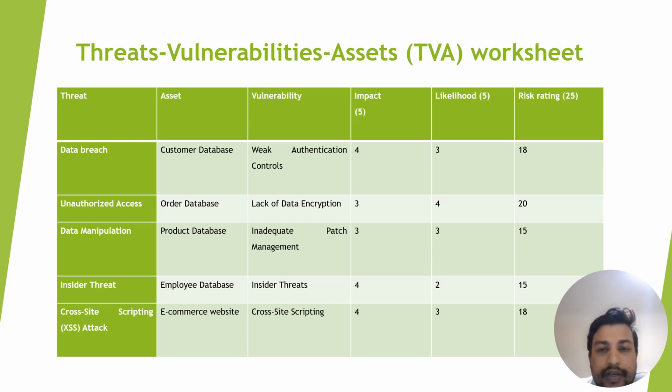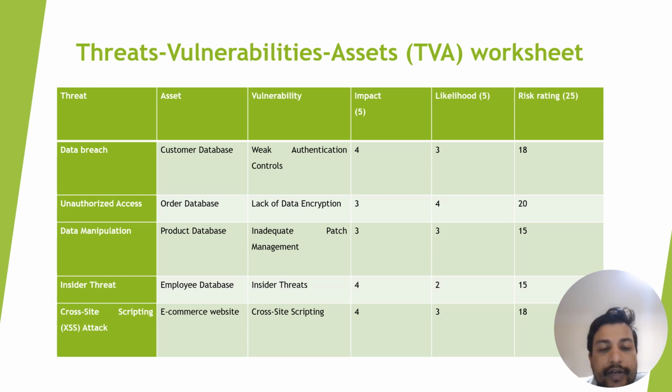So you can see the impact of data breaches is 4 and unauthorized access is 3, while the likelihood is the opposite. For data breaches, the likelihood is 3 and for unauthorized access it is 4.